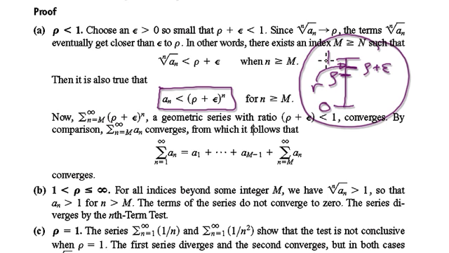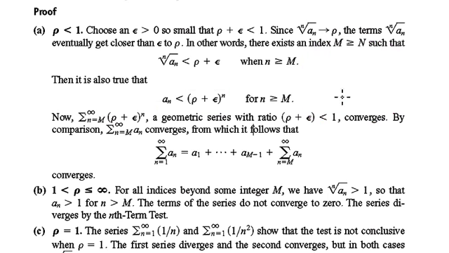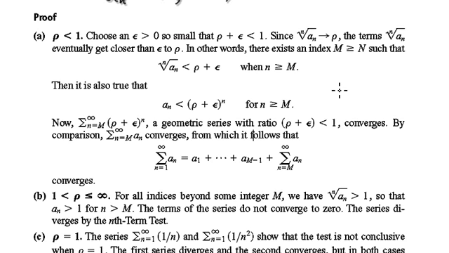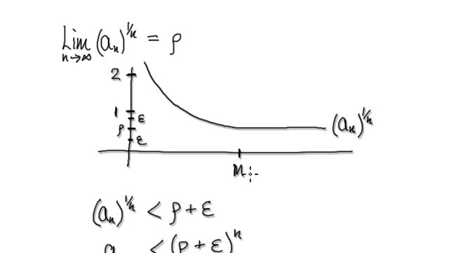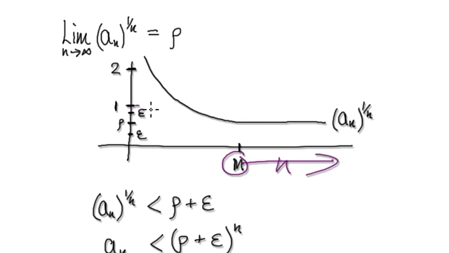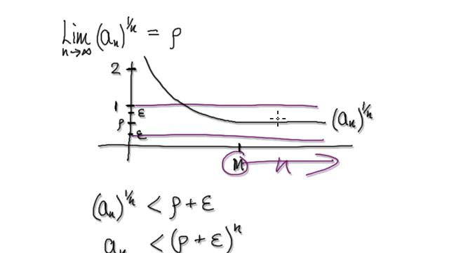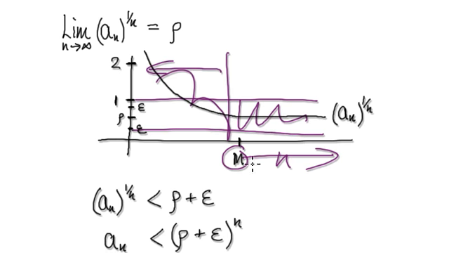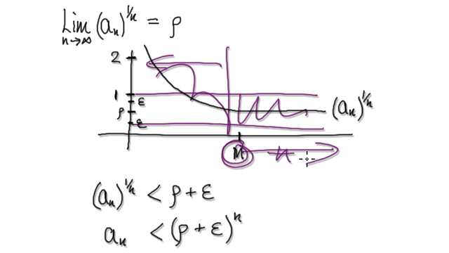Picture this in your mind when you get to this stage. Okay, so what that means is, for all n beyond M, then it will be true. Prior to that, we cannot be sure that it's true, but definitely beyond capital M, it will be true.